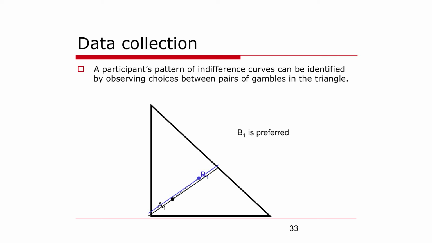In this case, for example, B1 should be preferred, right? So even though it's the same EU, depending upon the particular utility function you use, it makes different predictions. On the one, A1 should be preferred; on the other, B1 should be preferred.